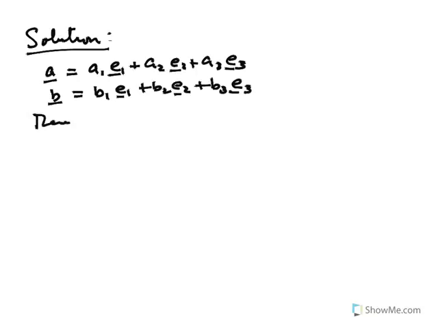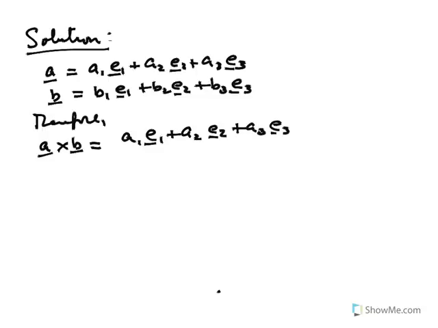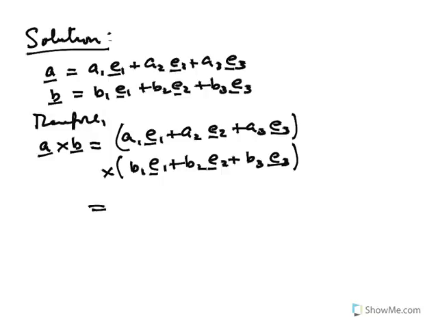So therefore, A crossed with B is equal to A1 E1 plus A2 E2 plus A3 E3 crossed with B1 E1 plus B2 E2 plus B3 E3, which is equal to. So now let's take the cross products. All cross products of any vector with itself is 0.